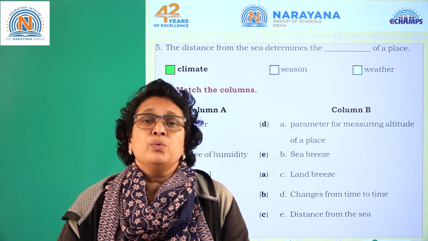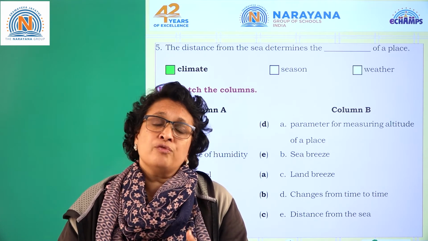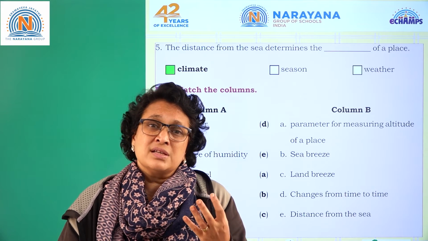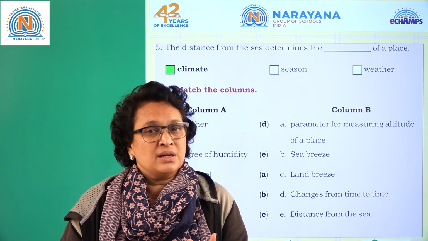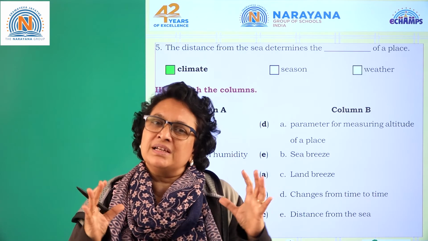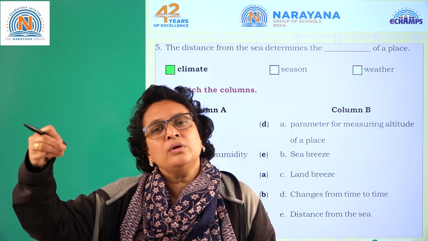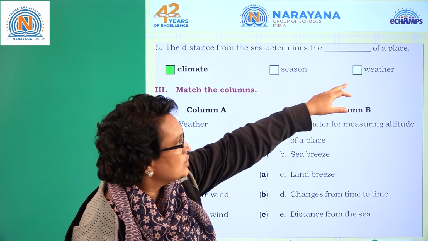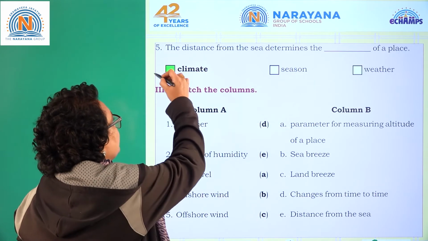What can we do? We can at least release CFC gases, methane and ethane very little, so that the earth will be a little cooler, and plant more trees. So the distance from the sea determines the climate of the place.